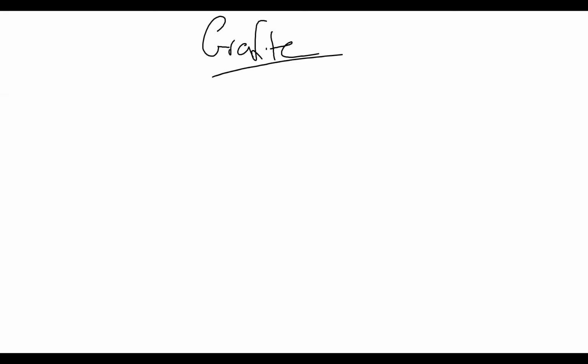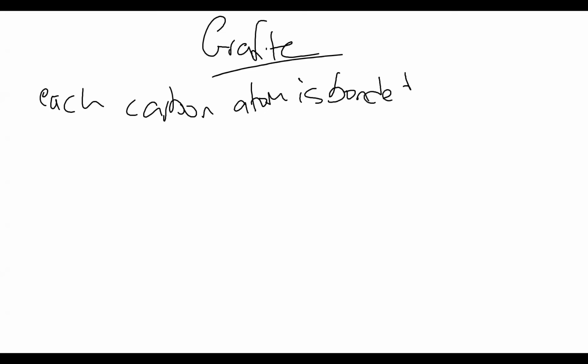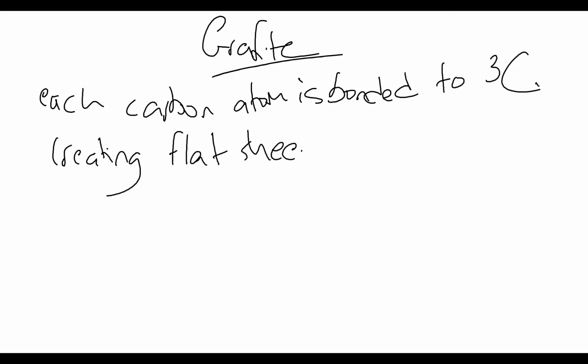The only difference between graphite and diamond is that each carbon atom is bonded to 3 other carbons, creating flat sheets and not a cubic structure.